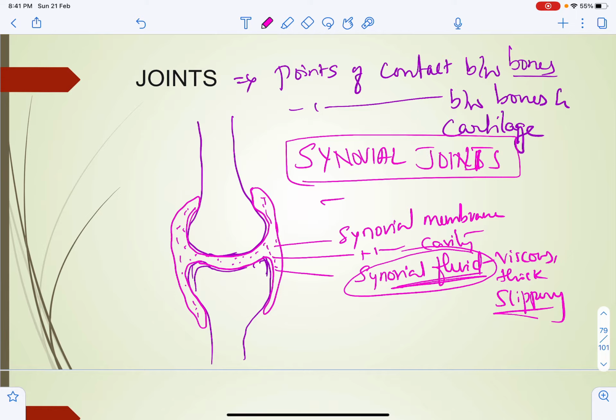Generally the movement will be in all planes, or in one plane, or back and forth, front and back. Because the movement is because of synovial fluid, that is a synovial joint.